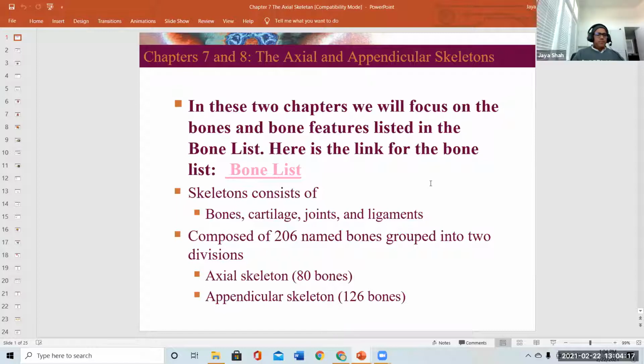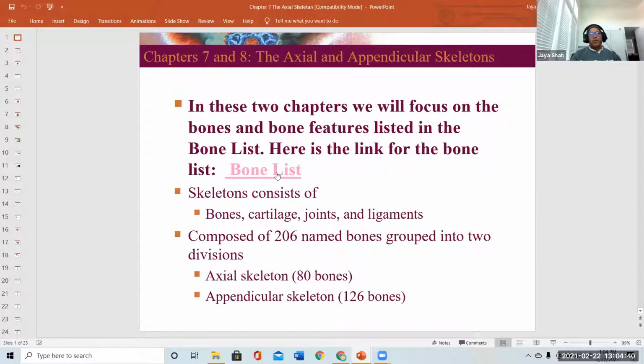If you have opened the bone list, I am going to open my bone list here first. Can you see my PowerPoint? Yes. On the PowerPoint you see here, there is the bone list. Control plus click will open it.